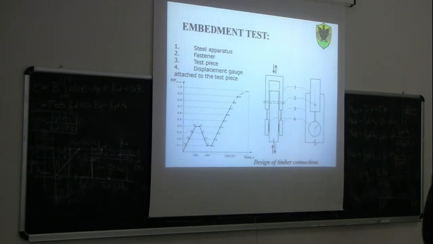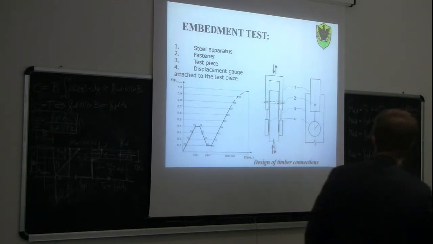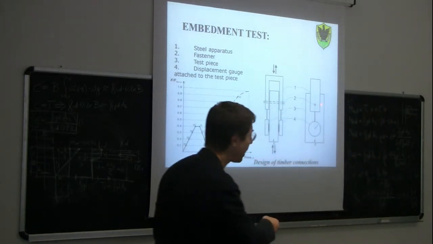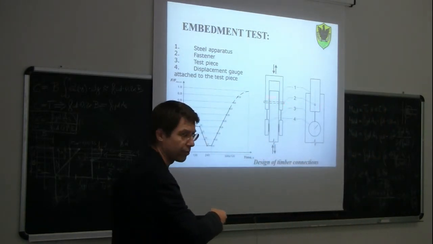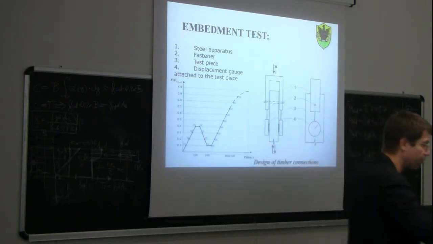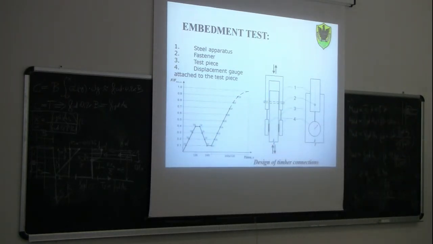You see here a piece of wood with a dowel crossing the piece of wood. A dowel is basically a steel cylinder, like a bolt without the nuts and the head. So piece of wood, dowel, then we apply this fork to a jack, and then either we press or we pull the dowel with respect to the wood.